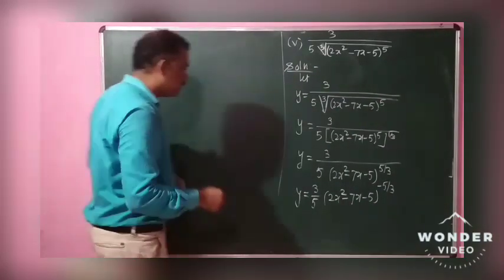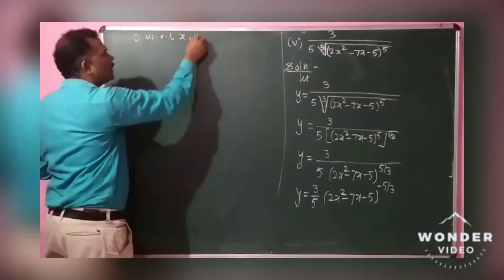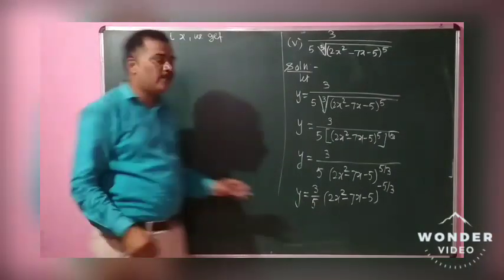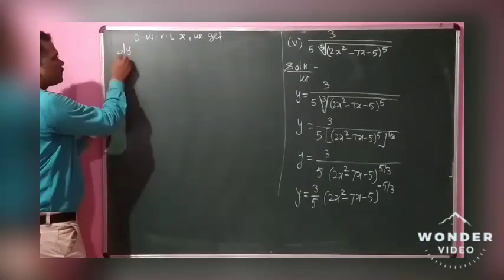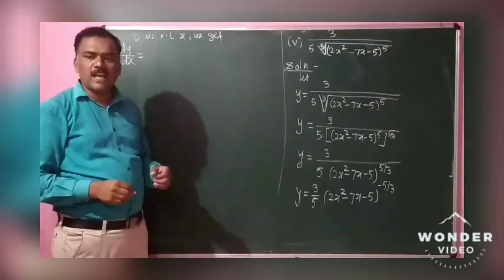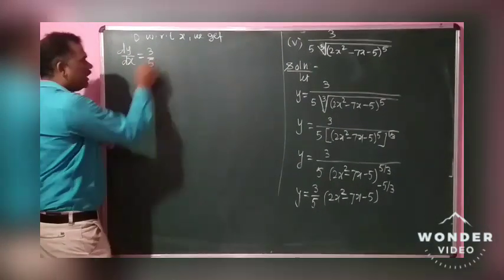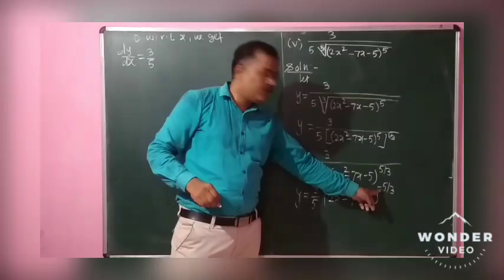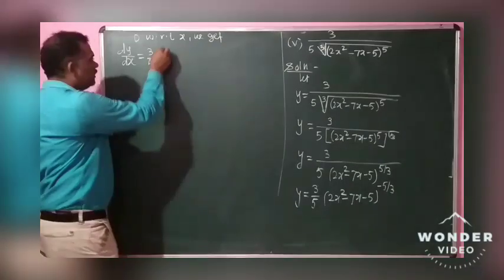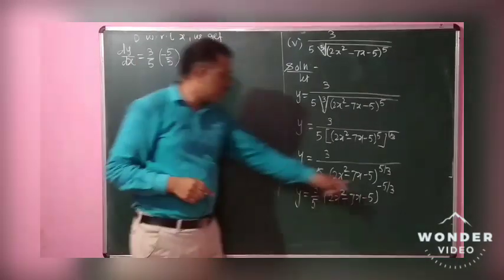Now we have to differentiate with respect to x. Differentiating y with respect to x, dy by dx is equal to 3 by 5, which is a constant. We have to take it outside the derivative, that is 3 by 5. Okay. Now by using the derivative of the power function, minus 5 by 3 is the power. We have to take it as it is. So we can write minus 5 by 3 into, we have to subtract 1 from this power.